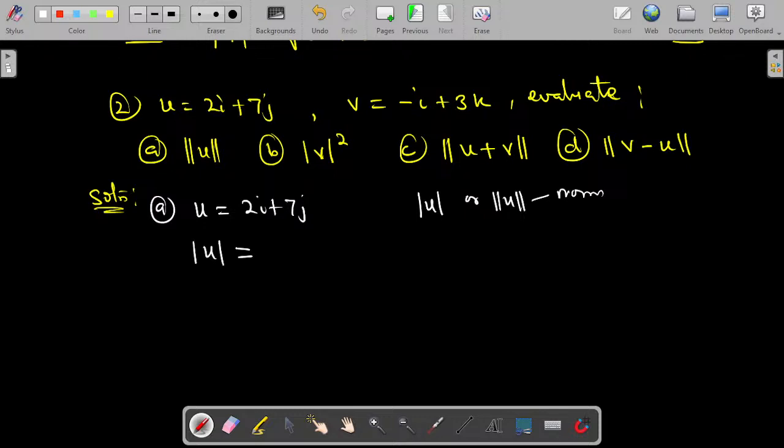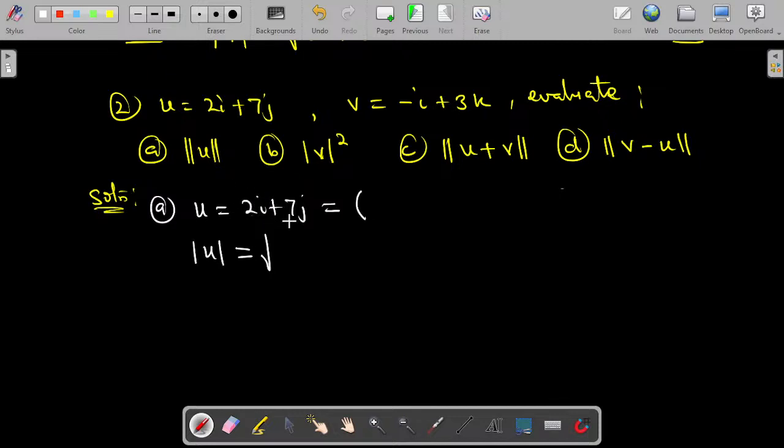So the magnitude of U is the square root of, you just pick the components and square them and then add. If you write it in bracket form, the first component is the coefficient of i.